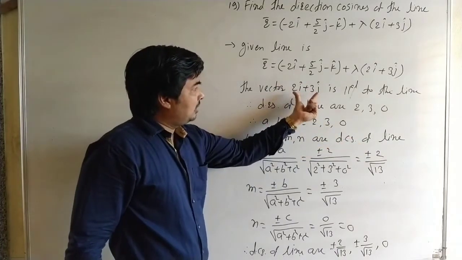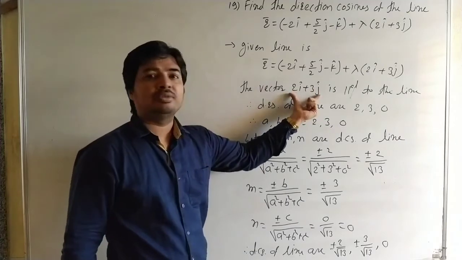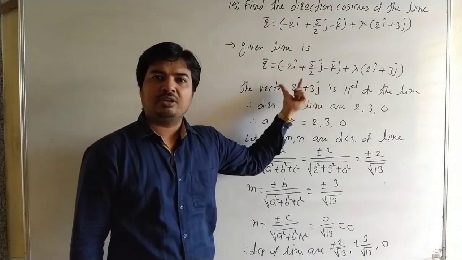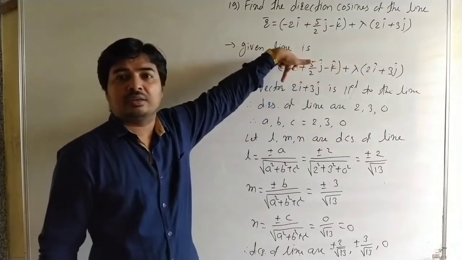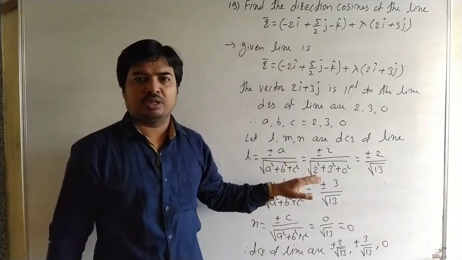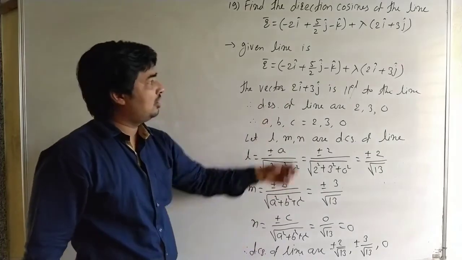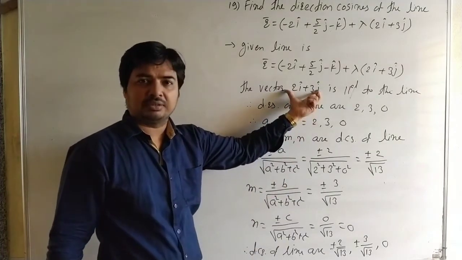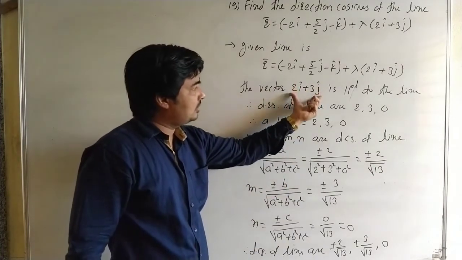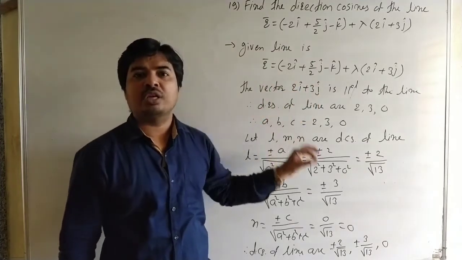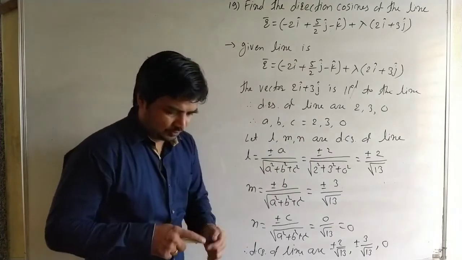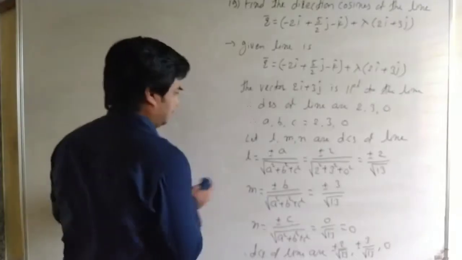Therefore we can find the unit vector along this vector, and the components of the unit vector are the direction cosines of the line. You can use either method. Okay, now we see the next.